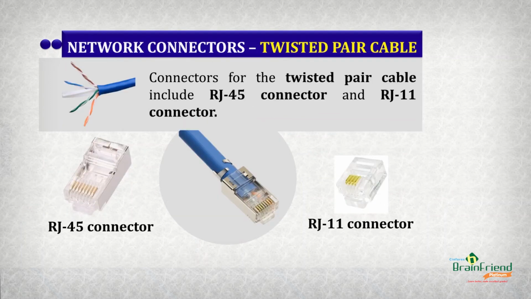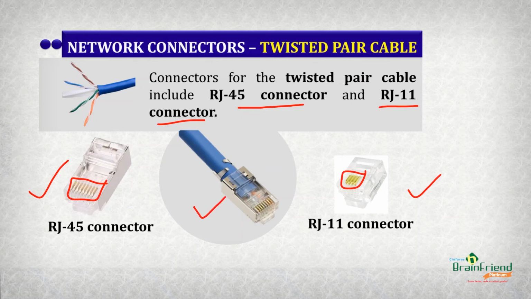So next we have the connectors for the twisted pair cable. Connectors for twisted pair cable include the RJ45 connector and the RJ11 connector. Here's a typical example of the RJ45 connector. It has 8 pins. And here is a typical example of the RJ11 connector. It has 4 pins. And this is what you get when you connect the cable to its connector.